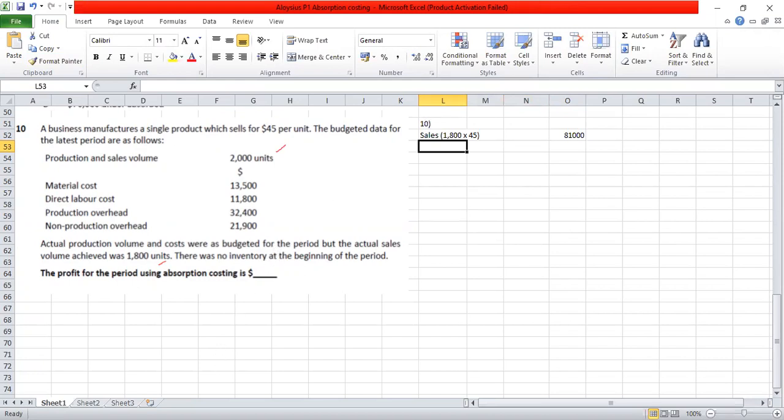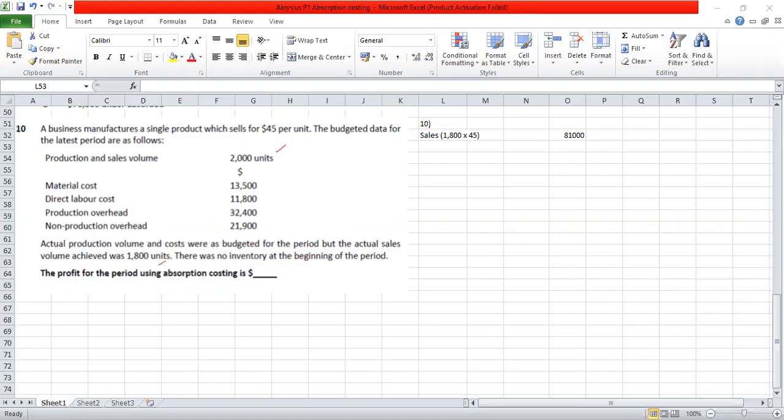But how do we deduct what is cost of goods sold? Cost of goods sold will be the opening stock. There is no opening stock. Opening stock plus all the production costs, okay, minus the closing stock.